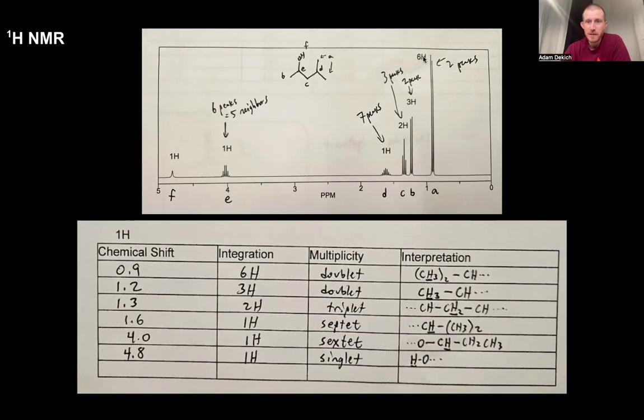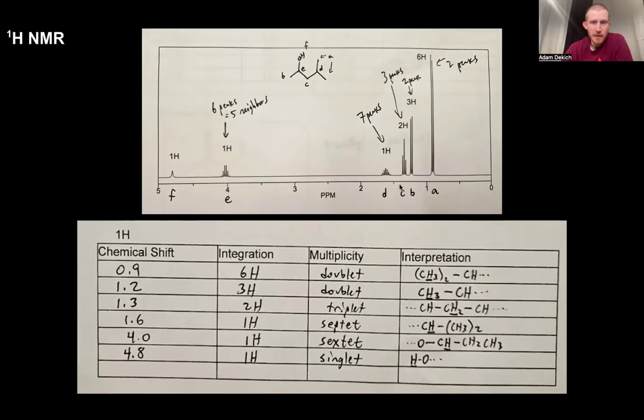And so we've got 6H, 3H, 2H, 1H, 1H, and 1H. And if you add those all together, 6, 9, 11, 12, 13, 14, we have 14 hydrogens in our structure. And so we know that this is not only the ratio, but the actual hydrogen count you would expect to see for these different bonding environments, which makes it a lot easier.